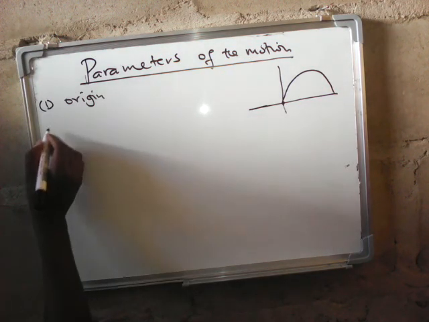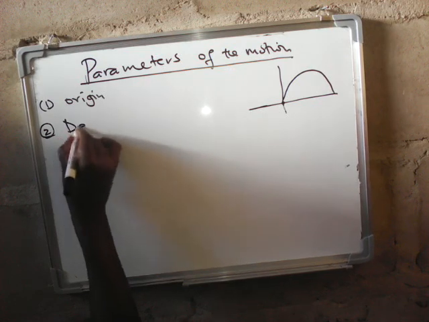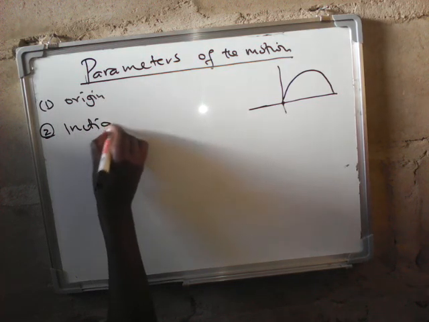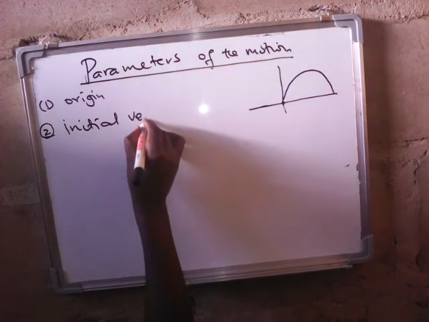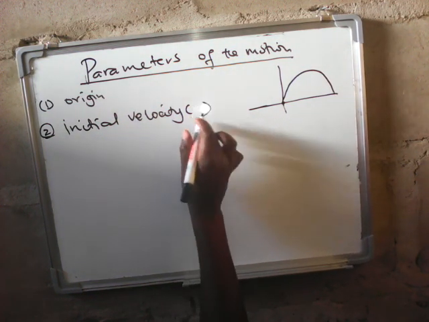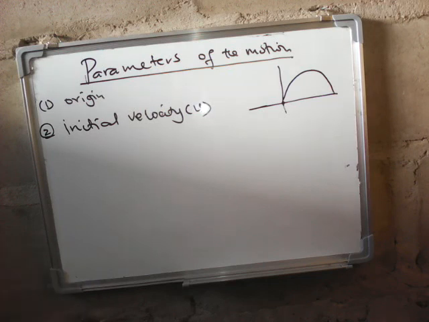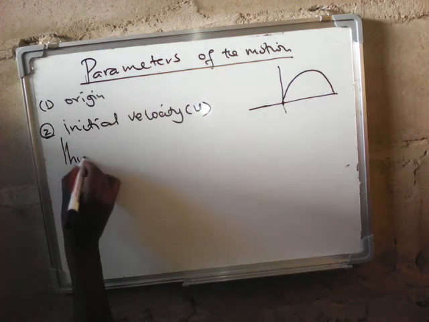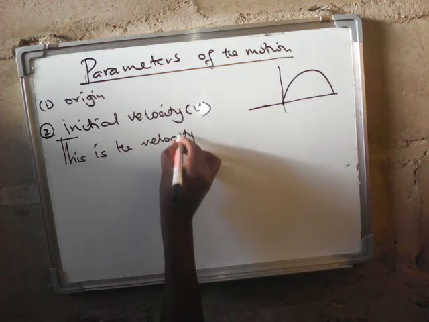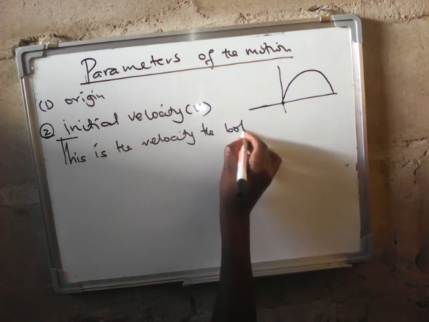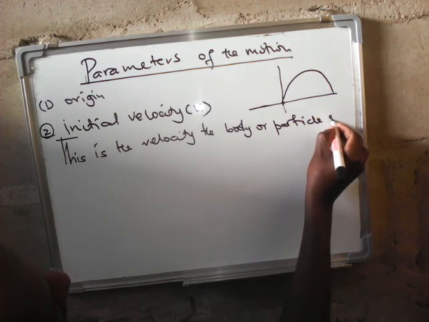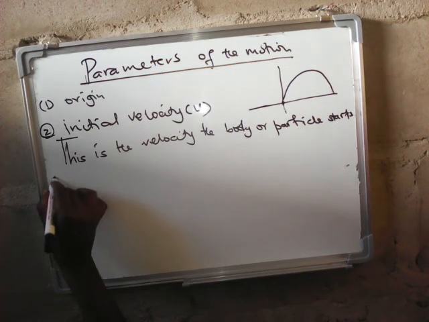Two, initial velocity, which we can call V or U. This is the velocity the body or particle starts with.